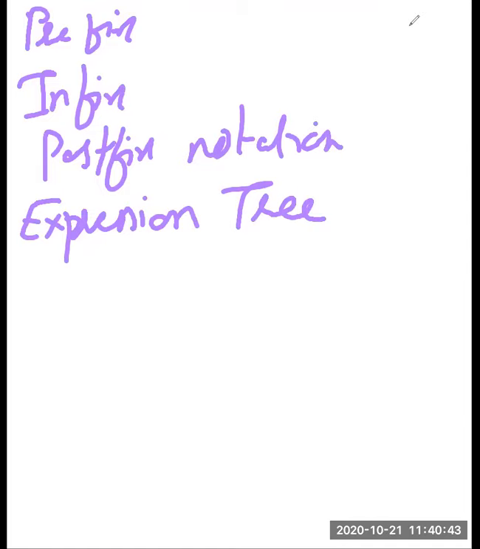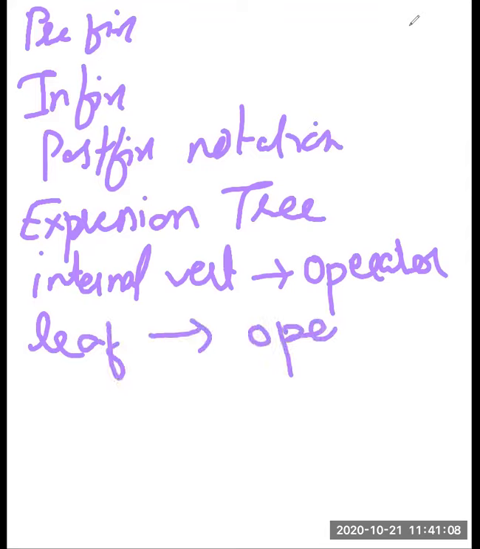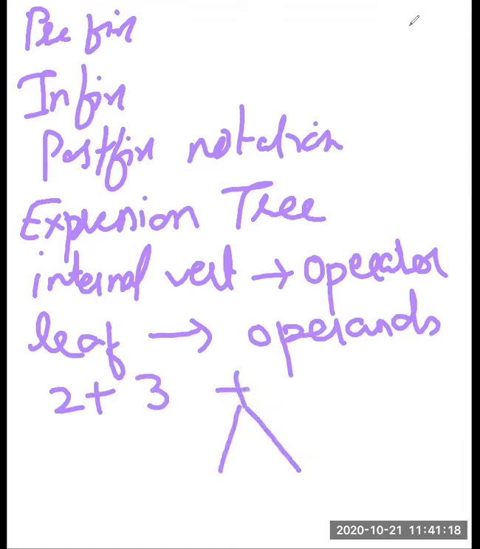Expression tree is a tree where all the internal vertices are operators, and the external or leaf vertices are operands. So for example, if we have an expression 2 plus 3, the expression tree would be of this form.